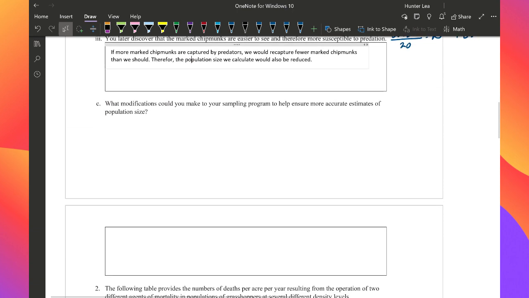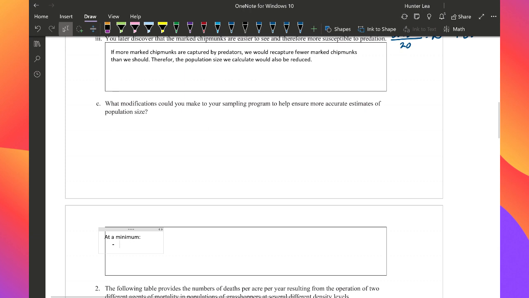All right, so what modifications could you make to your sampling program to help ensure more accurate estimates of population size? At a minimum, we can sample several areas of the park.